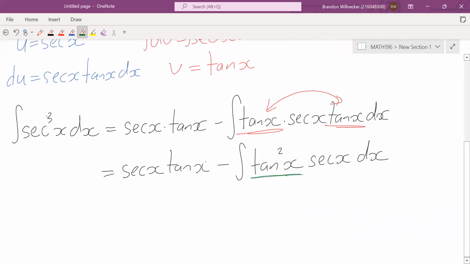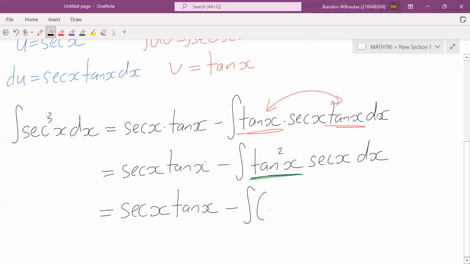However, we've got tan squared. Remember, tan squared can be written in terms of sec squared. So let's do that. This is going to be sec x tan x minus the integral. How do we write tan squared in terms of sec squared?